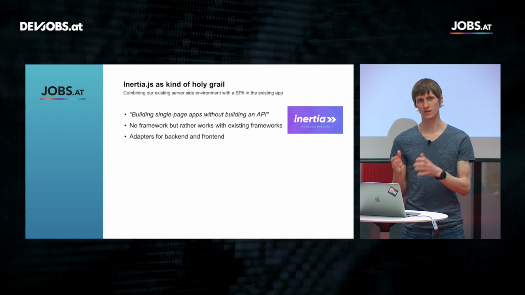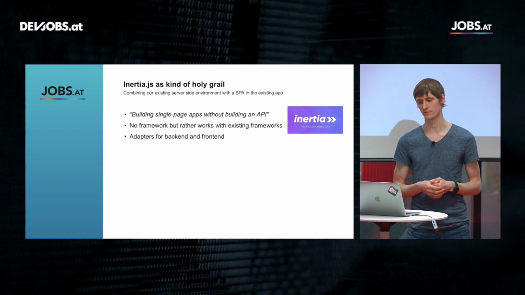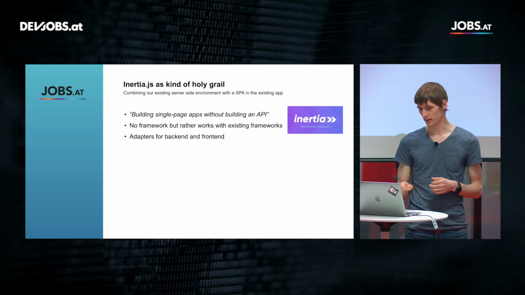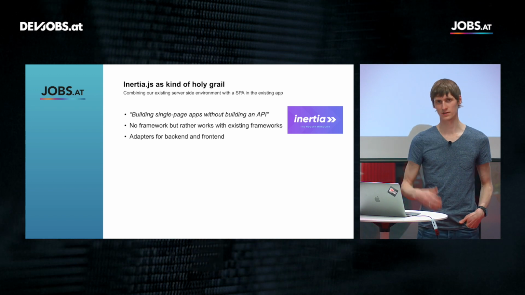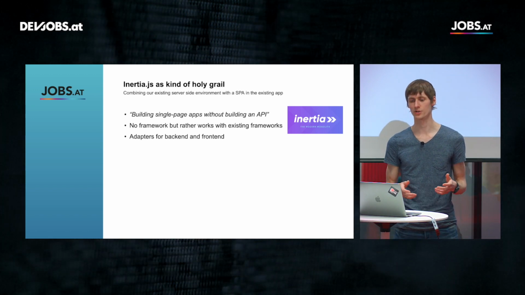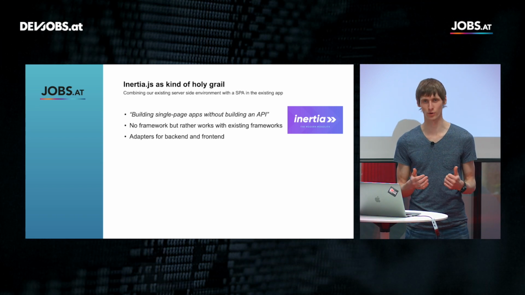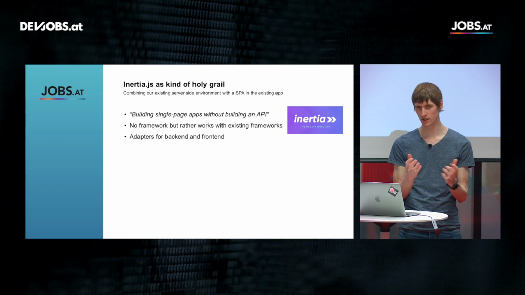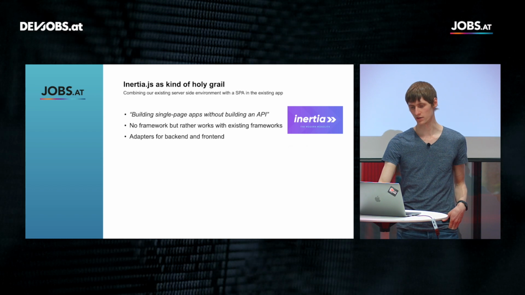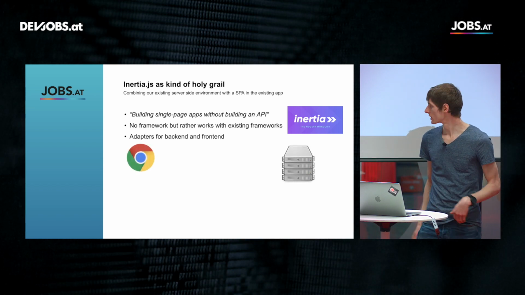And you can use the existing server-side routing, for instance. They also have this tagline on their webpage: building single-page apps without building an API. This is basically what we wanted to do here, because we wanted to keep our monorepo and still have Vue components. So I want to explain how Inertia works with an animated figure here.